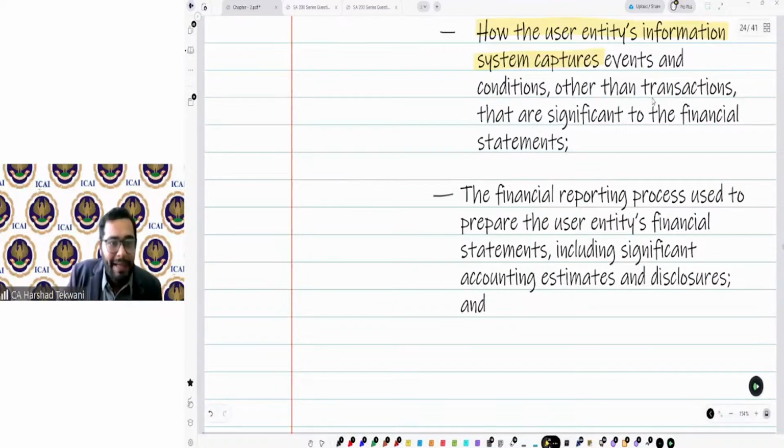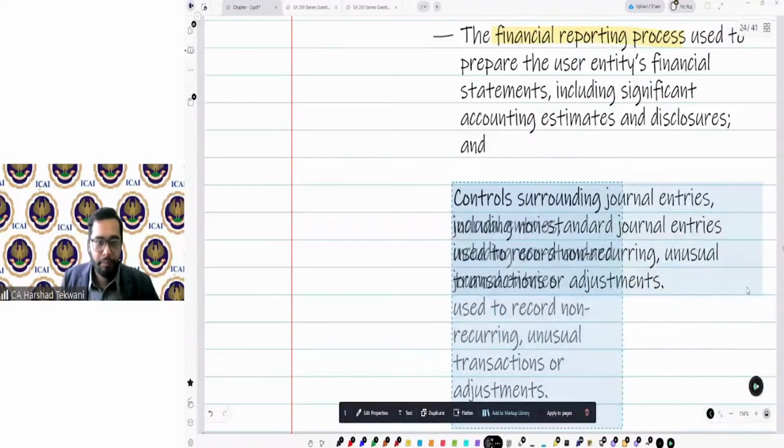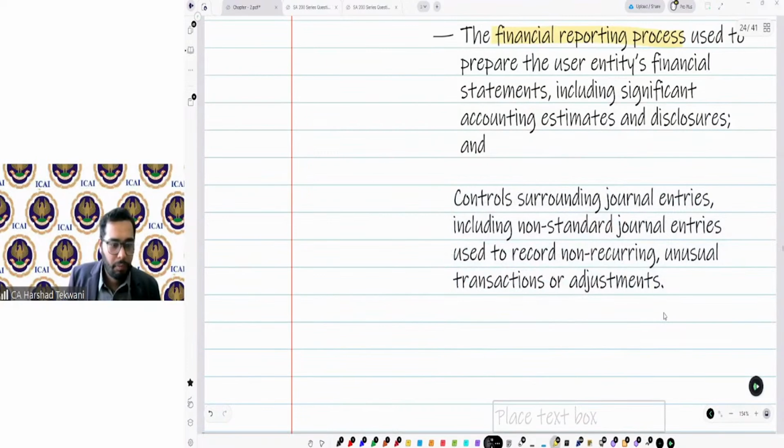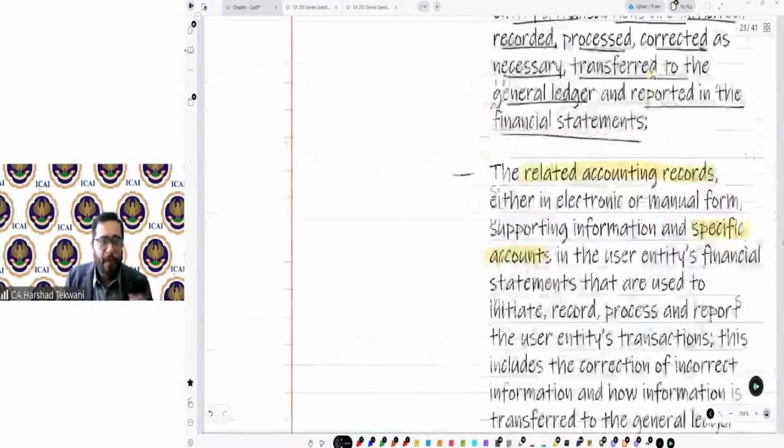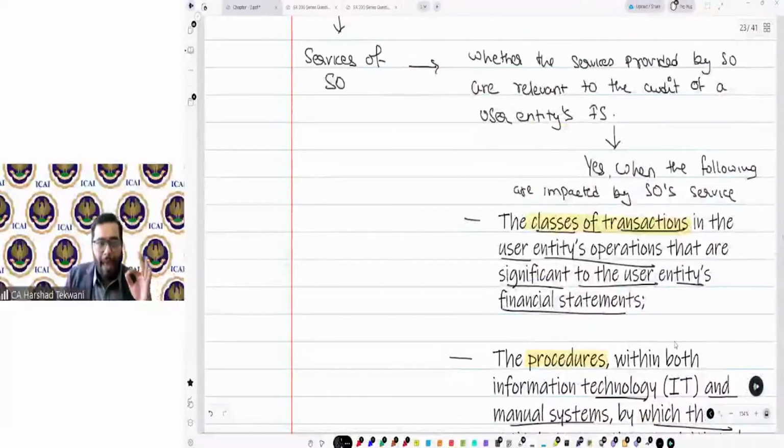In that case, again, it will become important for me. So if the service organization's services are impacting any of these items, that becomes important to me, and that becomes material that I need to include in my testing. So these are certain criteria available for that.